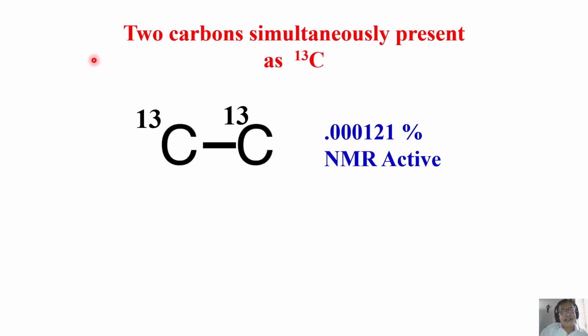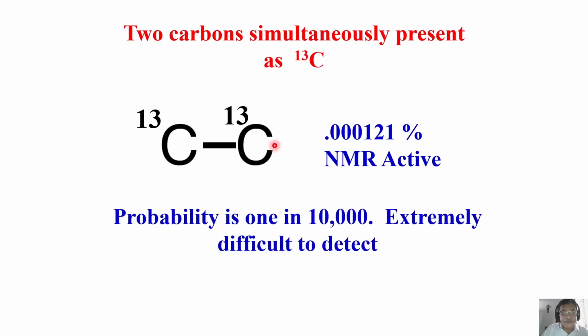In 100 molecules, the probability of seeing this is almost 0. You will not see that. Although NMR active, you will not see it. So the probability is 1 in 10,000. It is extremely difficult to detect molecules with both carbons in the carbon 13 state.